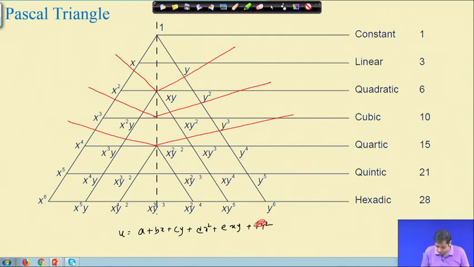For instance, if I do not take this term, and instead take plus f x cube, we still have only 6 unknowns and 6 equations, so we can get these unknowns. But by doing so we have introduced a biasness in the direction.